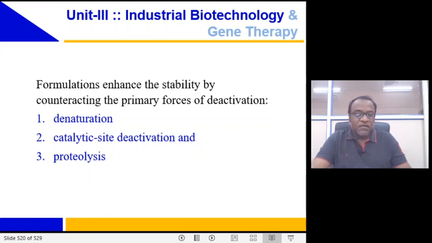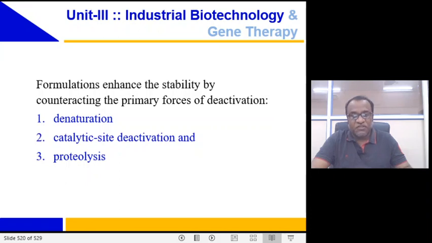That is number one, denaturation. Number two, catalytic site deactivation. And number three, proteolysis. Right. So when you are going for formulations, it enhances the stability by counteracting the primary forces of deactivation.